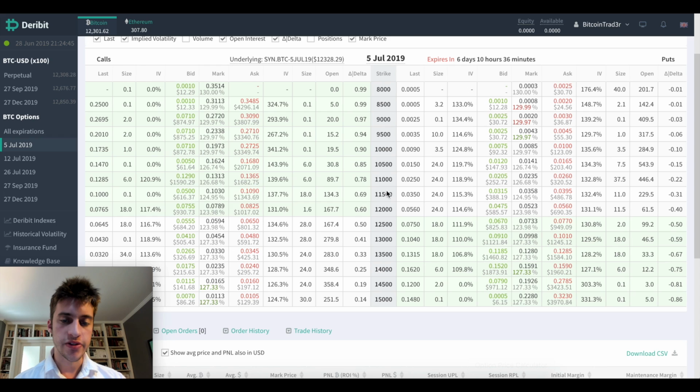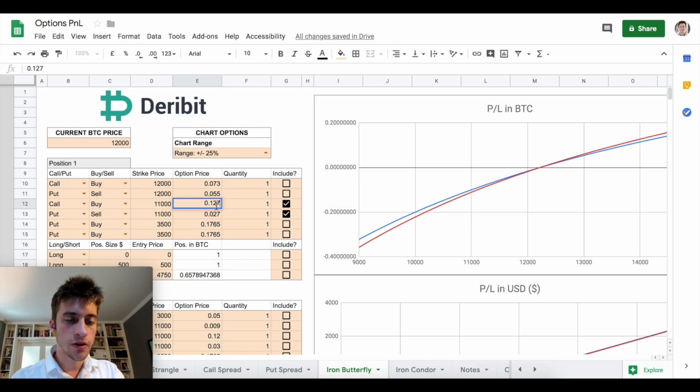Now, what I can do with this is let's first imagine that we are doing this. What price do you think we can get for buying a call with a strike of 11,000? Well, if we want to do that, we can probably bid right in between the best bid and the current mark price. So that would be about 0.13 for that part of the trade. So let me put that in, 0.13.